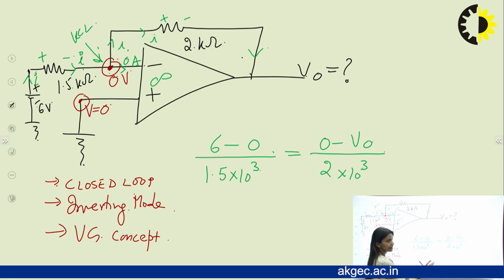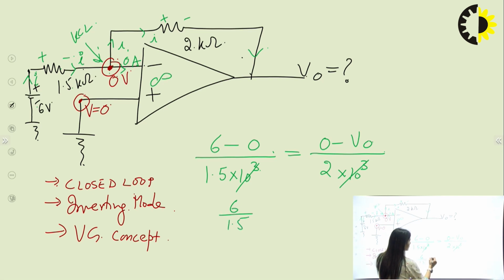What I did is the 10 raised to the power 3 terms cancel. 6 upon 1.5 is equal to minus VO upon 2, giving me the value of VO.